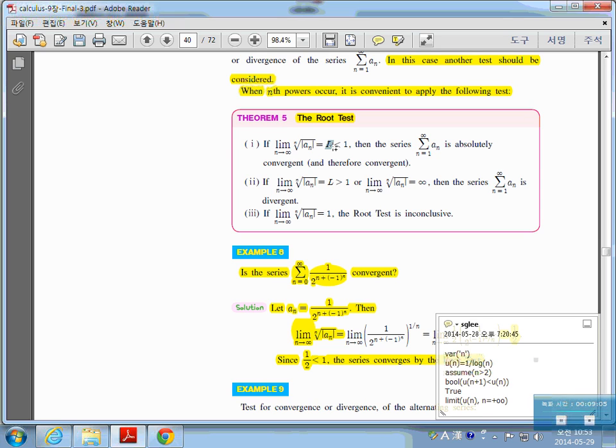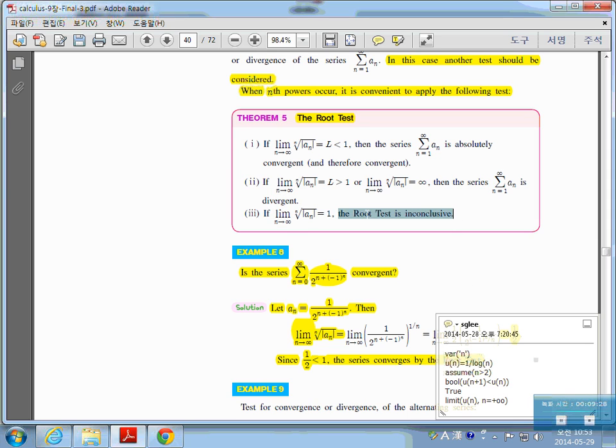If the limit is less than 1, we say the series converges absolutely. Okay? And if the limit is bigger than 1 or infinity, then we can say it is a divergent series. But if the limit is 1, then this root test is also inconclusive.